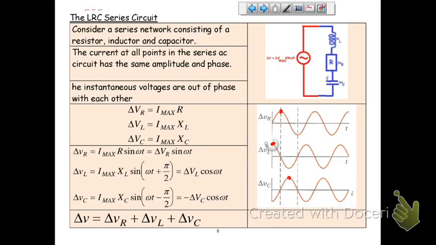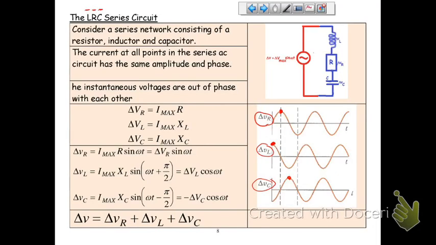There's my peak, and then 90 degrees later comes my peak in the resistor, and then 90 degrees later comes my peak in the capacitor. L comes first, then R, then C. Okay? Representing it like this is nasty.